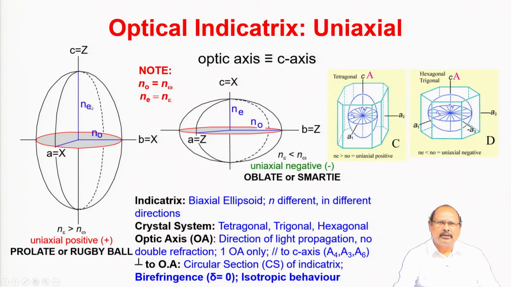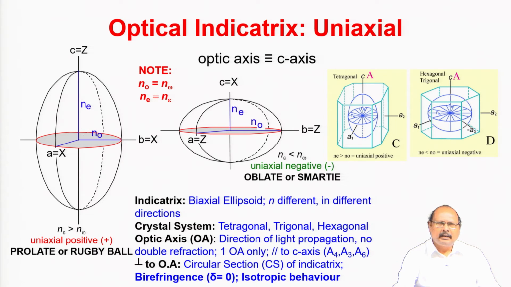Whereas the ray which vibrates in the plane perpendicular to the optic axis, that is, in the circular section of the indicatrix, is called the ordinary ray. And remember, the ordinary ray obeys Snell's law, the extraordinary ray does not obey Snell's law here.